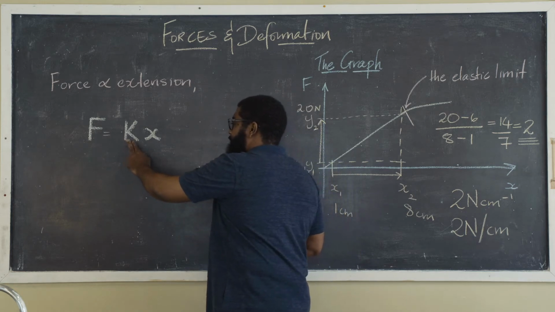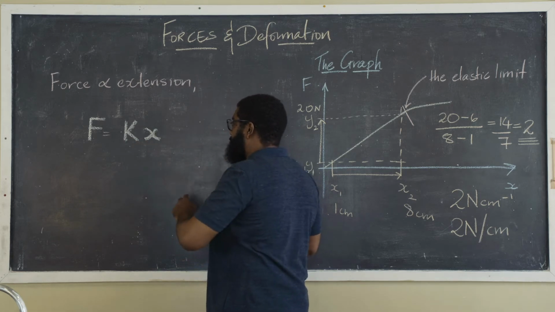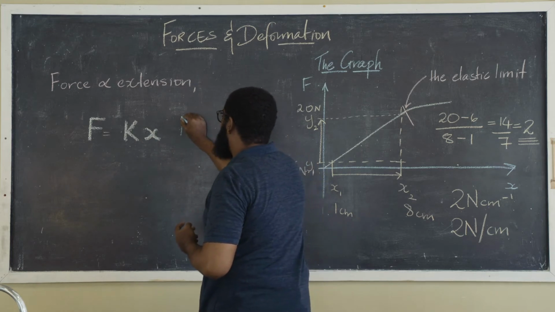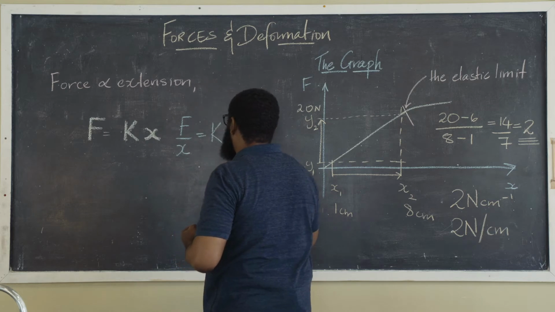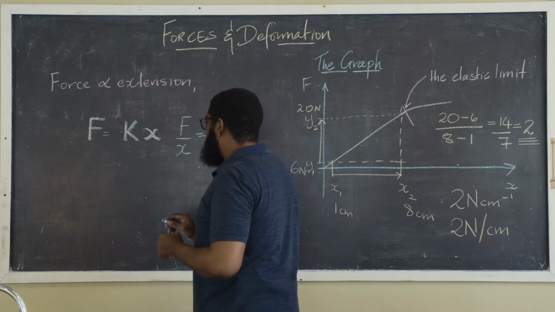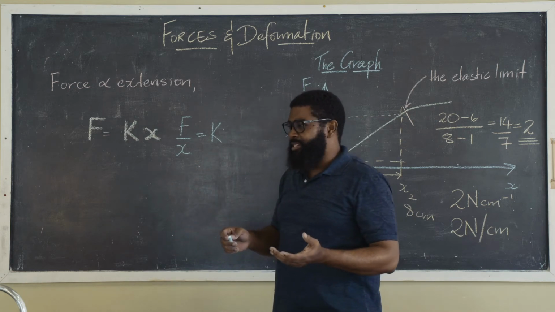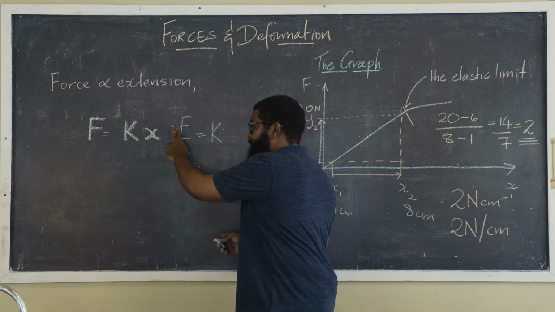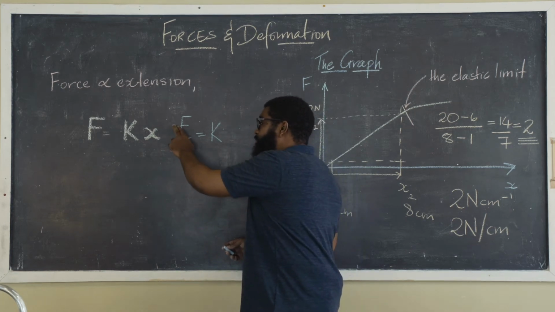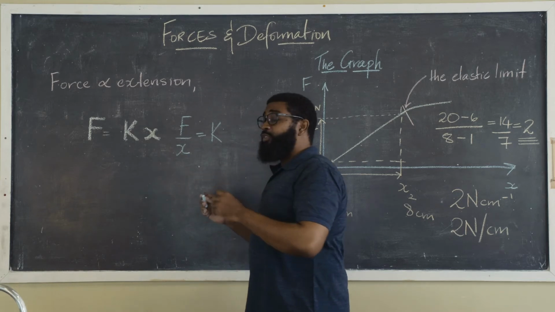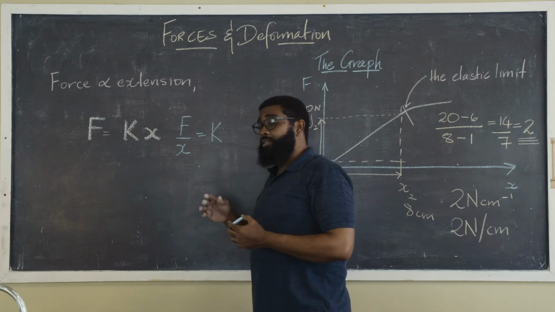If force is equal to spring constant times extension, if we are to find the spring constant, we would end up with force upon extension being equal to spring constant. If we looked at our graph, our gradient is what was on the y-axis divided by what was on the x-axis. What was on the y-axis was force, and what was on the x-axis was extension. So force upon extension for a force extension graph gives you the spring constant.